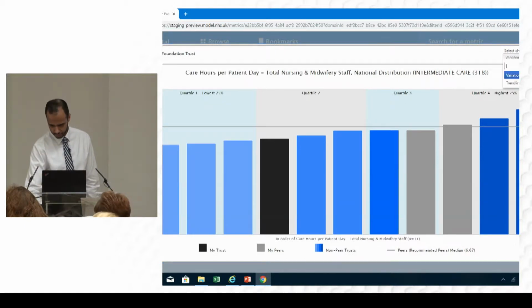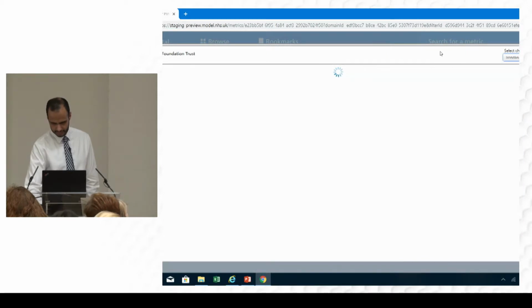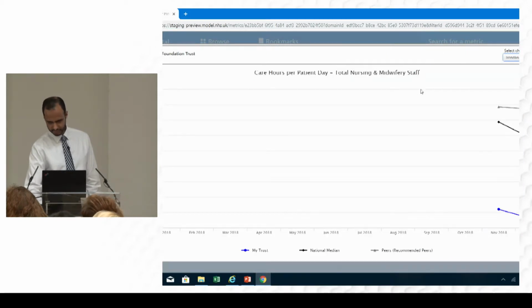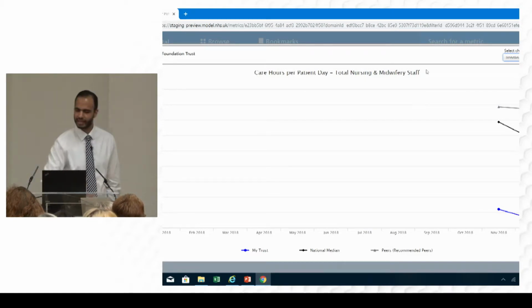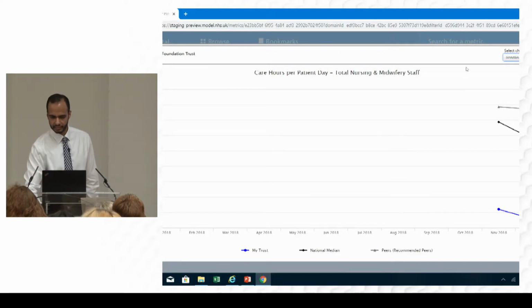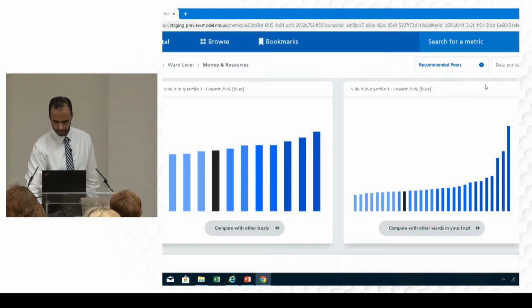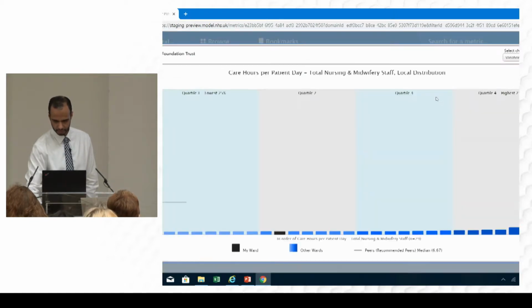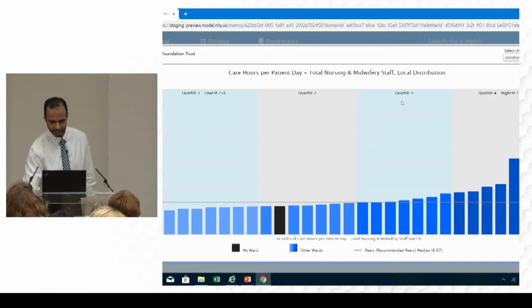So if I switch to, I think I can do trend line on here. Which isn't very helpful because I'm guessing the ward name changed partway through. But if you had ward name consistency, then you'd have that data going back further. You can also do a comparison for wards within your organisation.